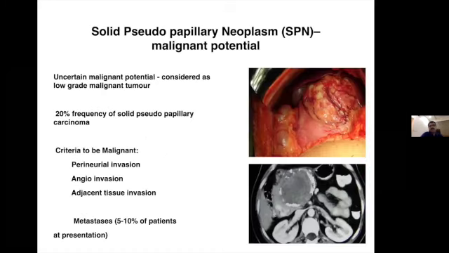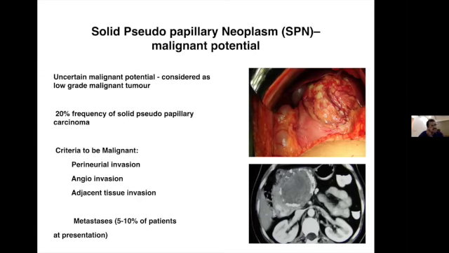Solid pseudopapillary tumor has a malignant potential, and some consider it a tumor with low-grade malignancy, because you have no criteria for diagnosing malignancy just by seeing the local nature of the tumor. Metastasis is the only criterion by which you can diagnose a malignant SPEN.